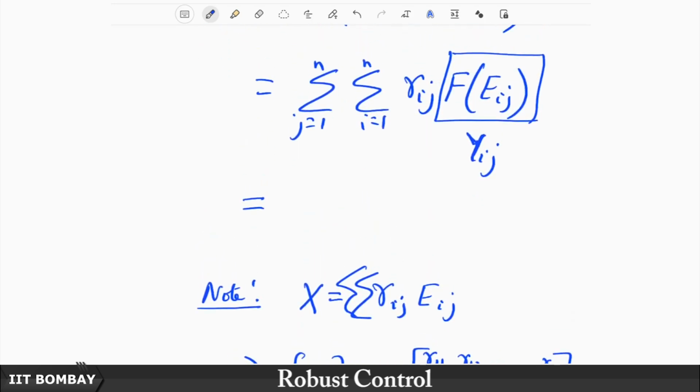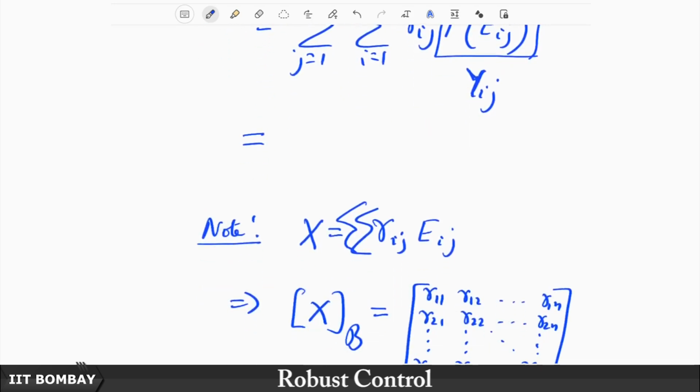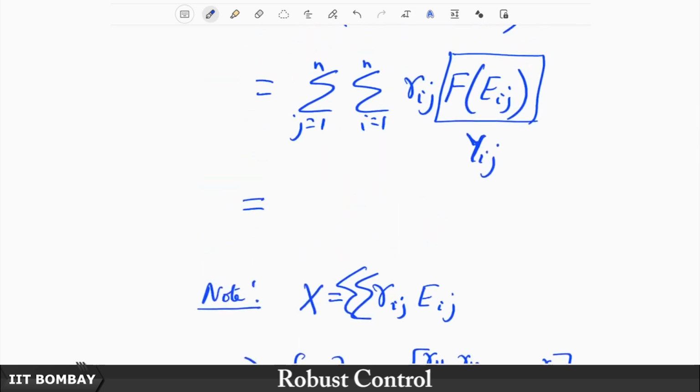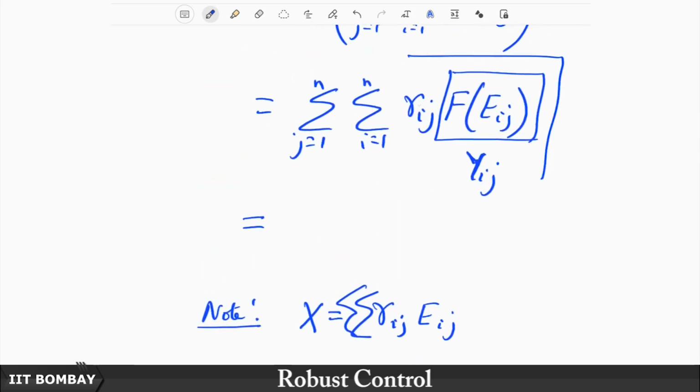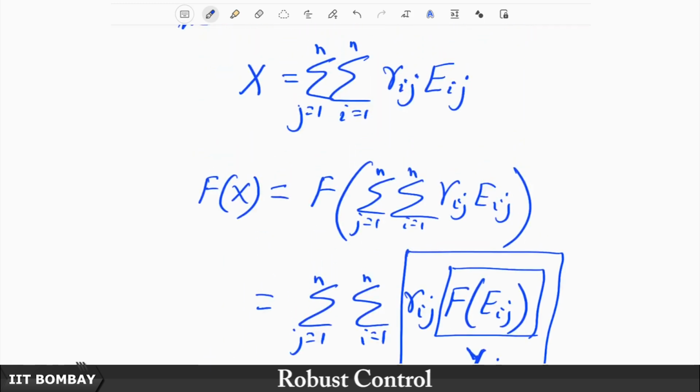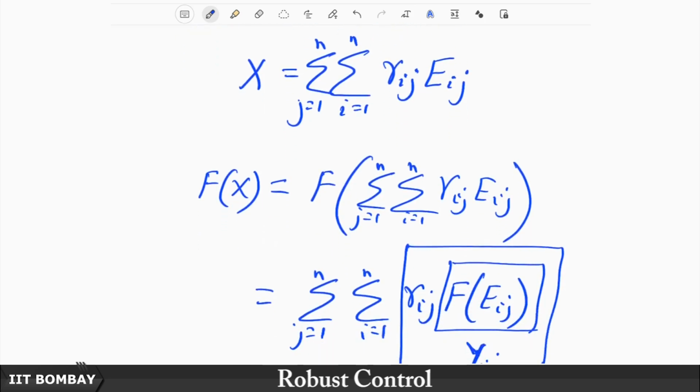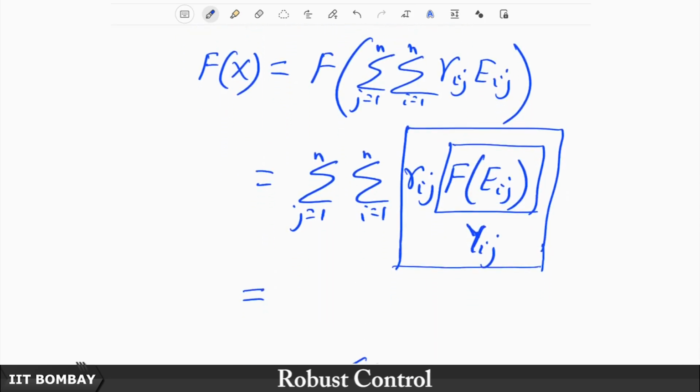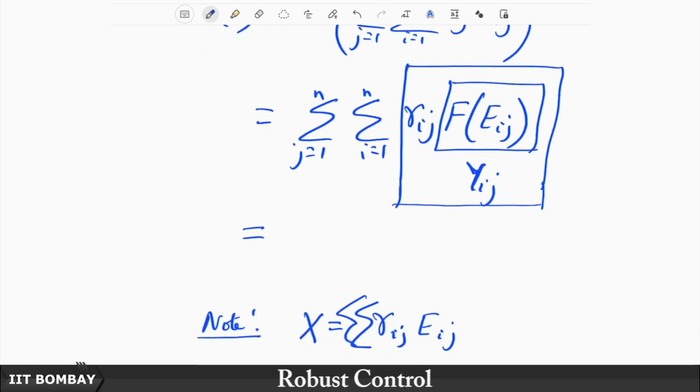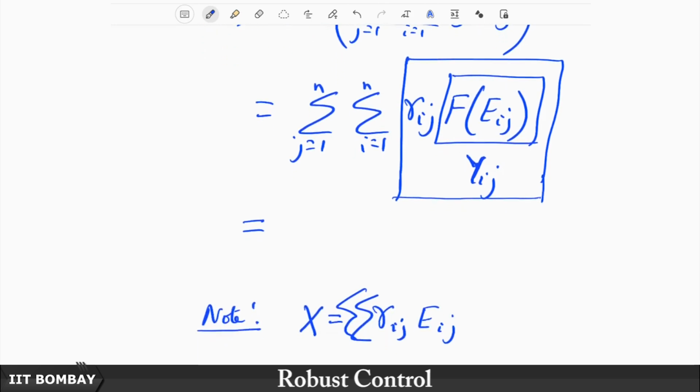And what is this Yij now? If I write it in this fashion, what does this remind you of? Isn't this reminiscent of the multiplication between two matrices, right?